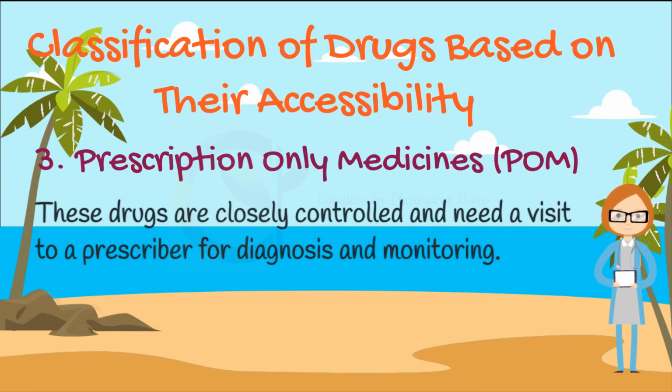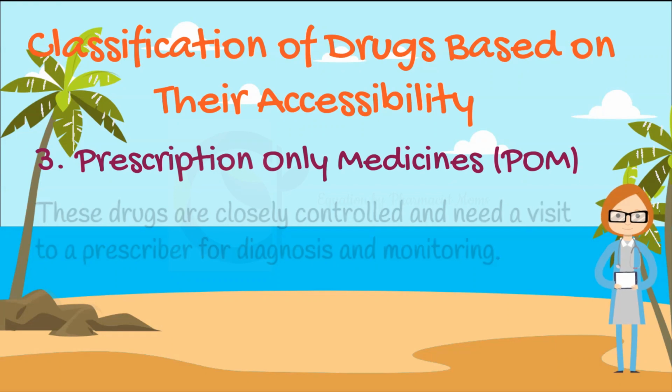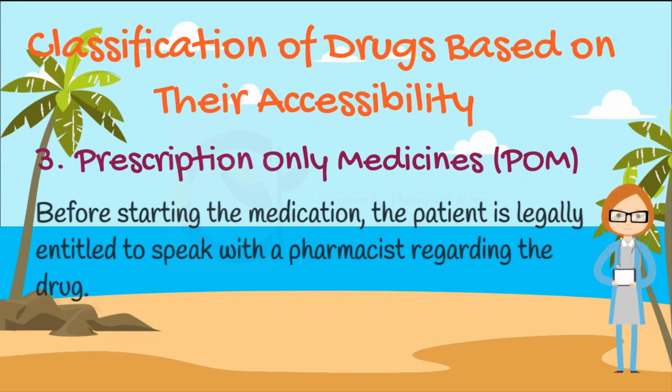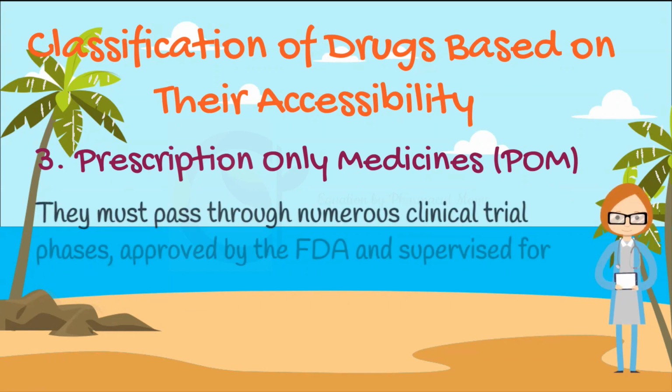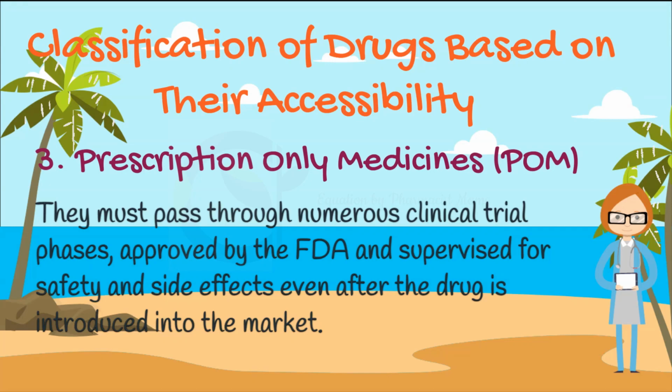Prescription drugs are meant for use by an individual patient to treat a particular illness. Before starting the medication, the patient is legally entitled to speak with a pharmacist regarding the drug. Prescription drugs must pass through numerous clinical trial phases, approved by the Food and Drug Administration or FDA, and supervised for safety and side effects, even after the drug is introduced into the market.